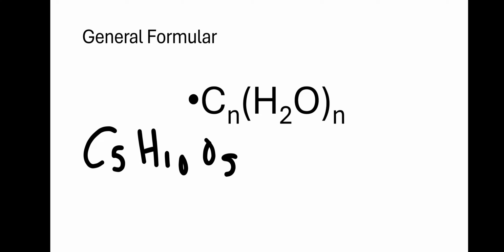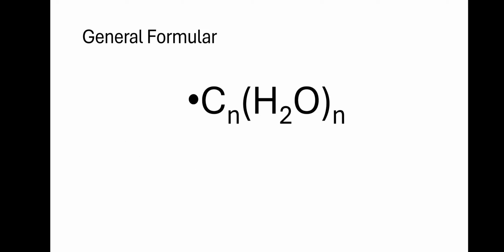But yes, this general formula only applies to monosaccharides. What applies to disaccharides? Check out the next video. Sorry, I forgot to mention that this video is strictly on monosaccharides. For disaccharides and the oligosaccharides and the polysaccharides, check out my next video, probably next week.